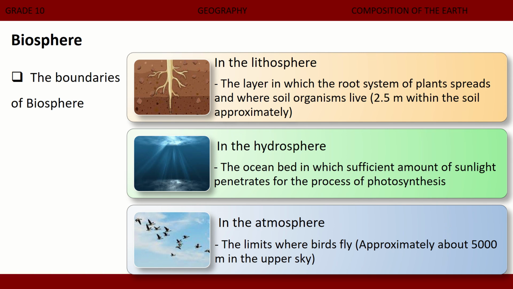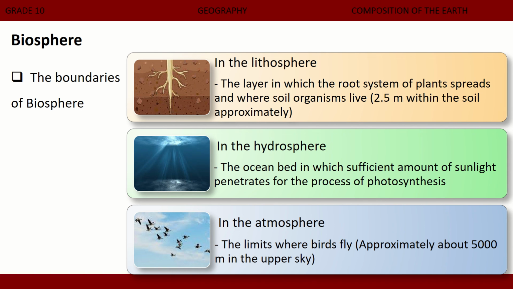Dear children, as we discussed earlier, there is an interaction among the subsystems of the Earth. The biosphere can be seen in certain areas of the other three subsystems. In the lithosphere, it is the layer in which the root system of plants spreads and where soil organisms live.